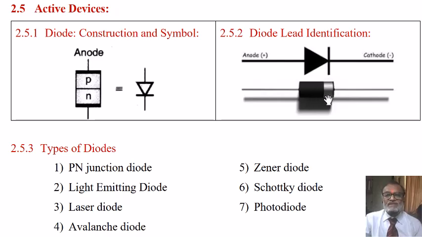On the physical diode, there is a silver ring on the cathode terminal. So wherever there is a bar, that electrode is a cathode.